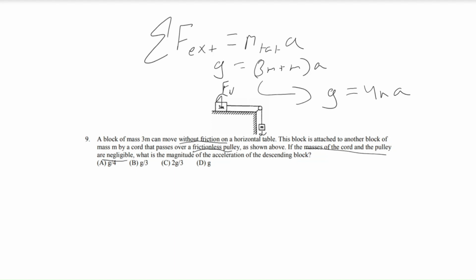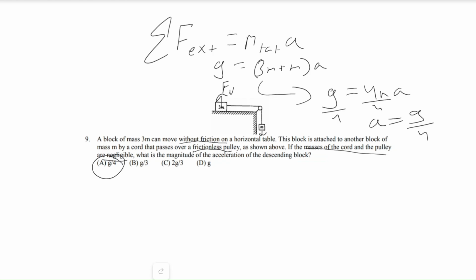And now to get the acceleration by itself, since we're treating this as one system, that means the acceleration for this block is going to be the same as the acceleration for this block. And knowing that, we would just divide this by 4 and divide this by 4, giving us that acceleration is equal to gravity over 4, leading us to choice A being our answer.